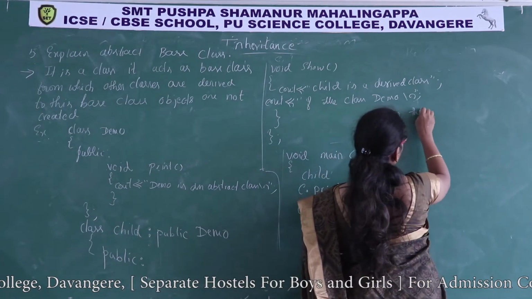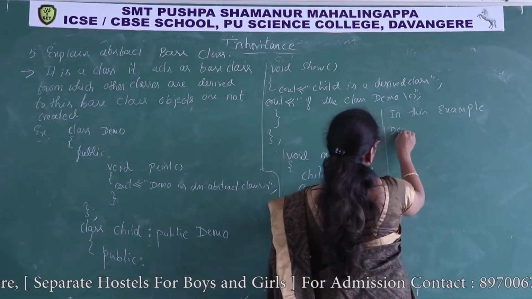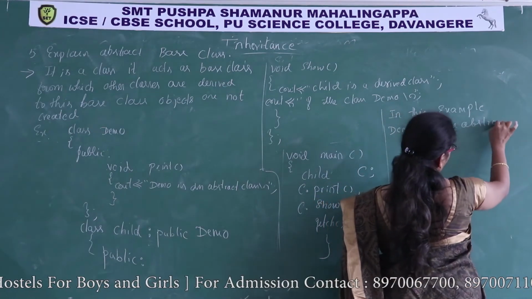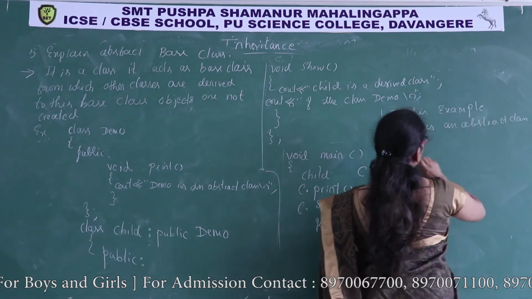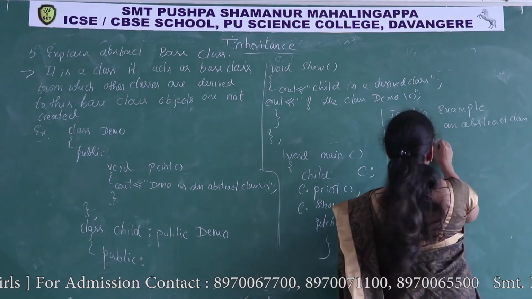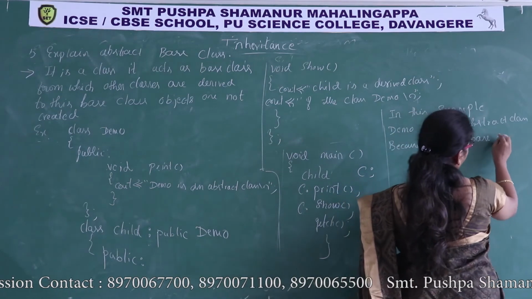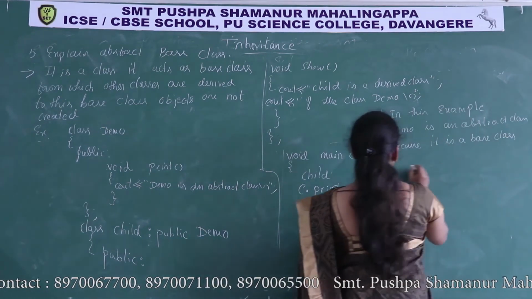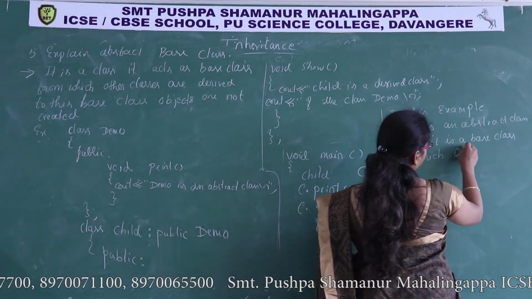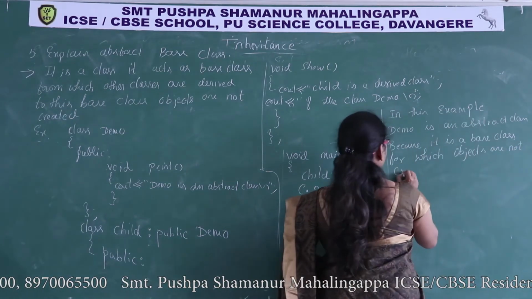In this example, demo is an abstract class because it is a base class for which objects are not created.